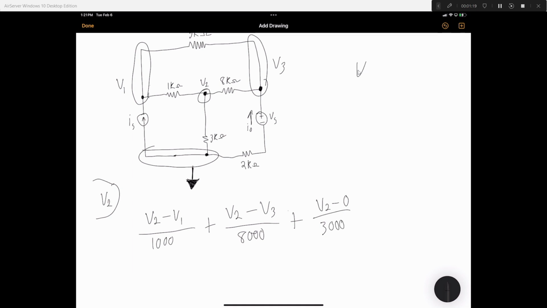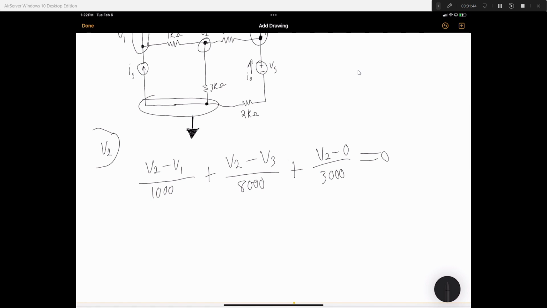This is all based on the formula that voltage equals resistance times I, just rearranged. These are each voltage drops over the resistor. This is equal to 0. That's the KCL for the node voltage method at V2. I haven't answered this on my extra credit. Let's see if this is right.